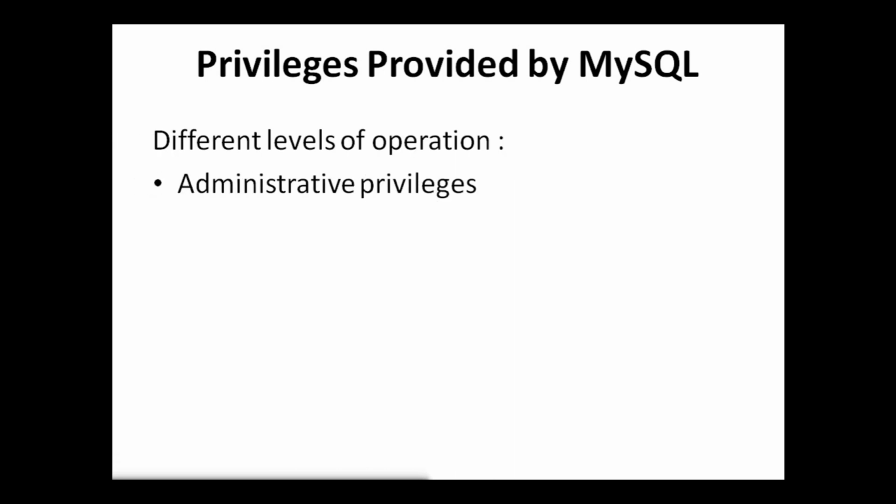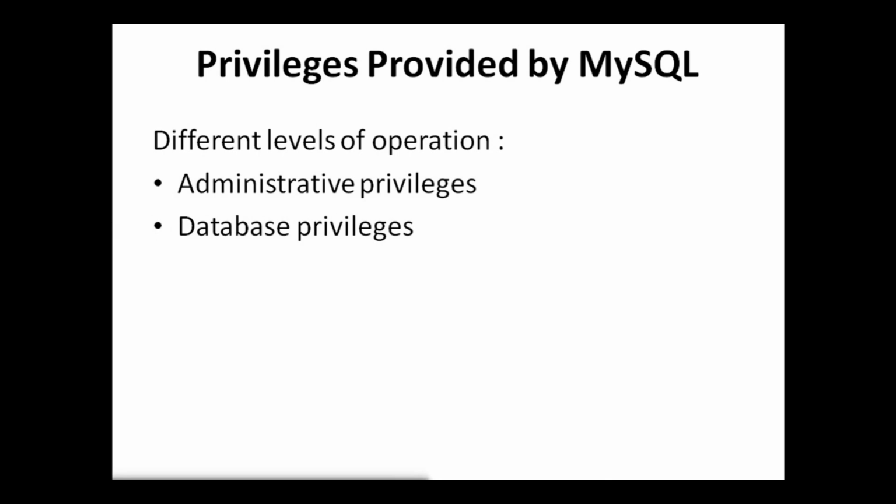So administrative privileges, or the global privileges, enable users to manage operation in the MySQL server. These privileges are global because they are not specific to a particular database, and privileges are granted using *.* for this level, and these privileges are stored in the mysql.user table.